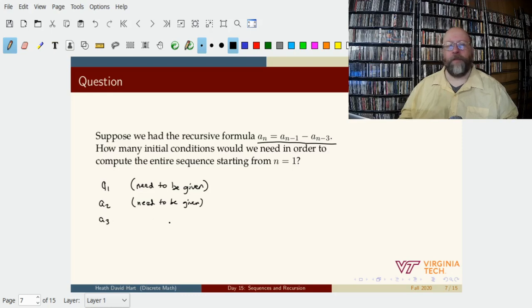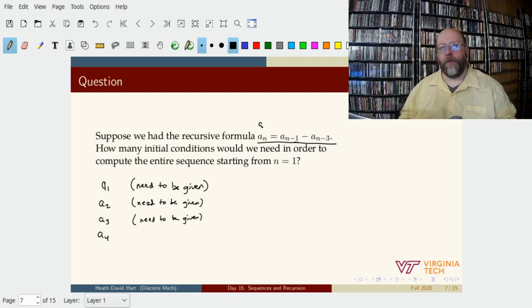All right, so let's try A3. A3 is equal to A2, since 3 minus 1 is 2, and I have an A2 now, minus A0, but I don't have an A0, and so I would need to be given an A3 also. But when I get to A4, finally we can do something.